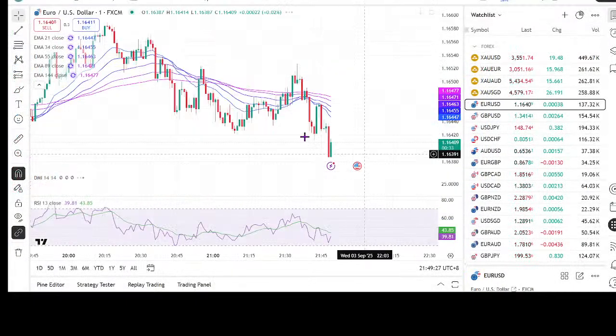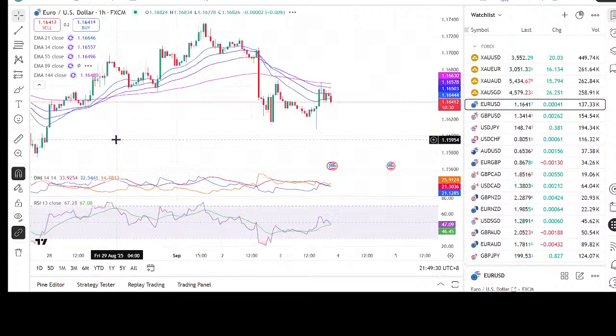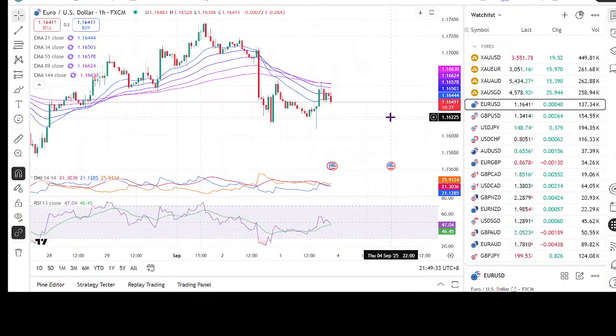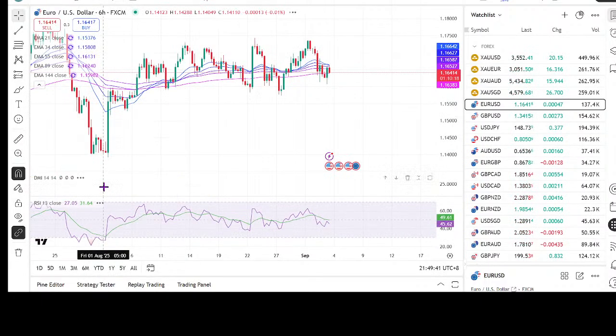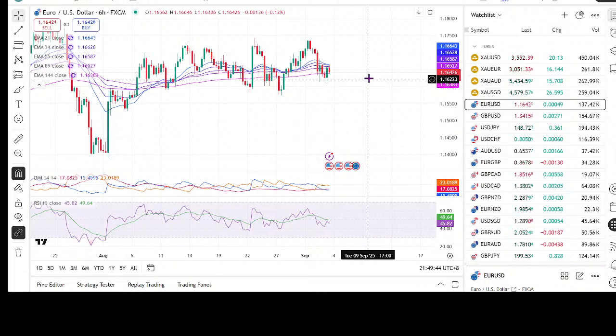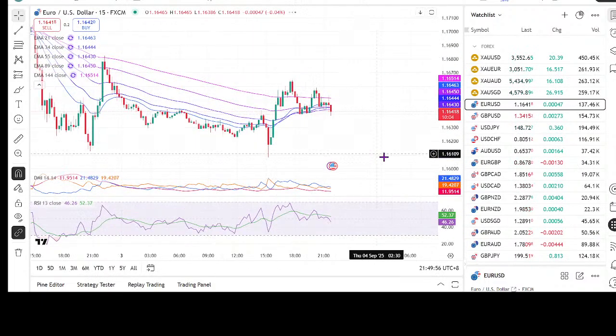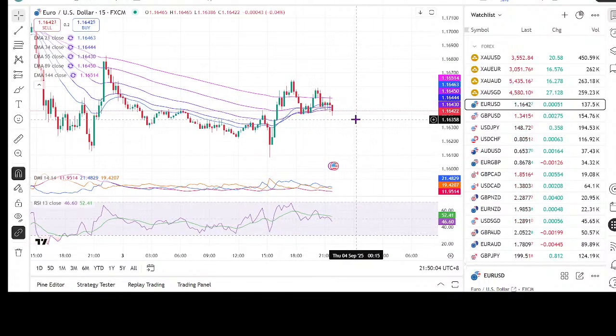Let's look at the euro 1 hour chart. Looking at 1 hour chart, market is showing weakness. And if we look at 6 hours, this is also showing weakness. So I think we can afford to reduce the entry slightly lower, maybe by another 10 pips, then we can hold that trade.